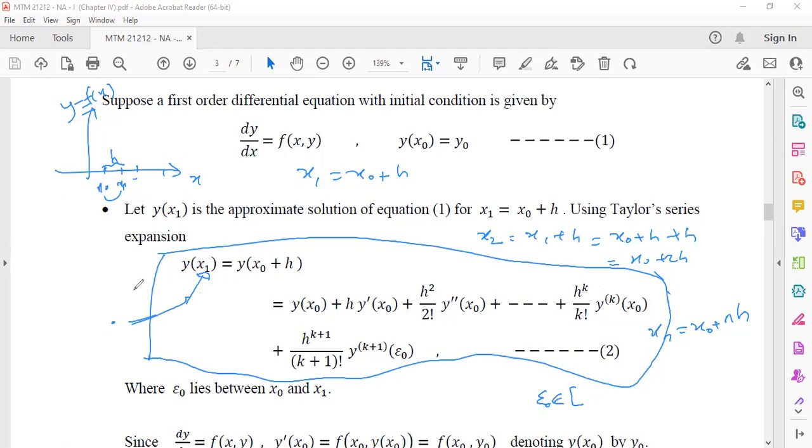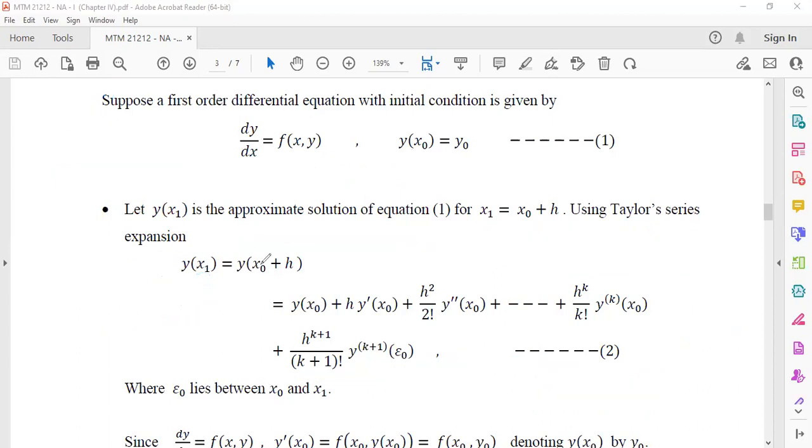Since we are finding y1, the point lies between x naught and x1, therefore it also belongs to x naught and x1. I explained this clearly in our last lecture, so I can go a little further.